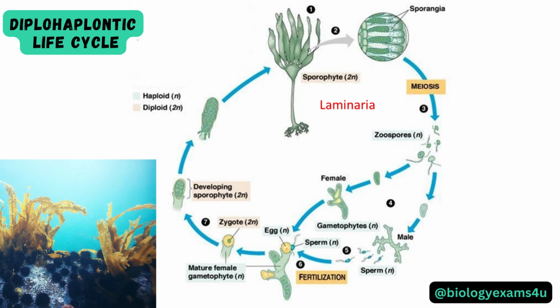So in this life cycle, there is a sporophytic diploid phase and a gametophytic haploid phase. Both phases are equally dominant, therefore the life cycle is called diplohaplontic. One more point is that the sporophyte is morphologically different from the gametophyte, therefore the alternation of generation is called heteromorphic.